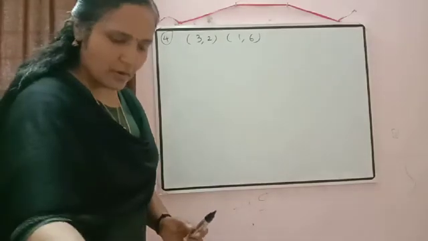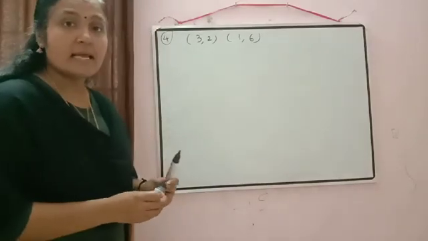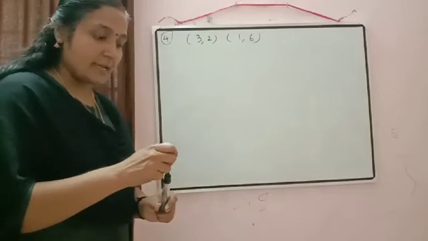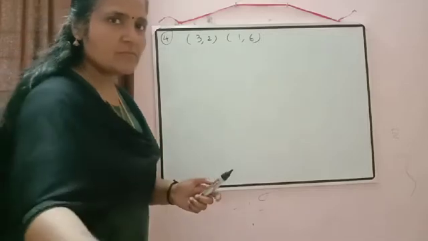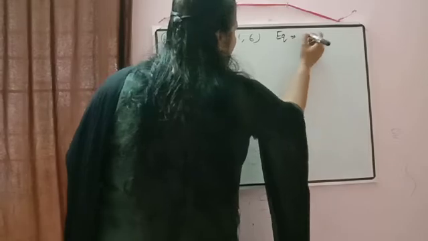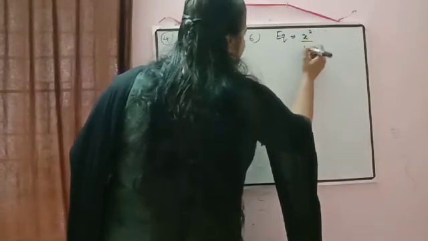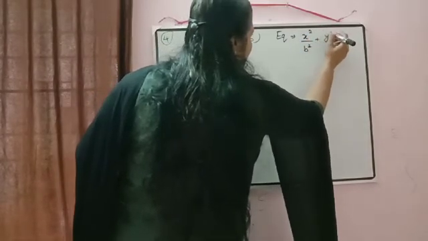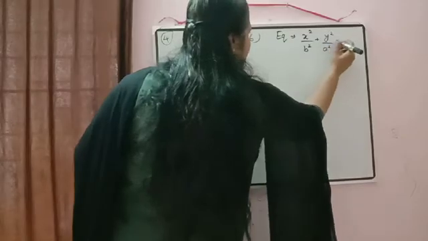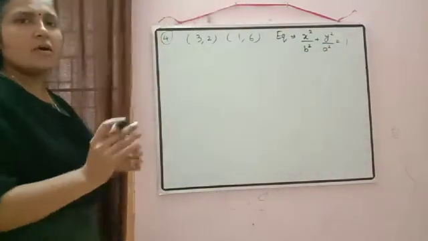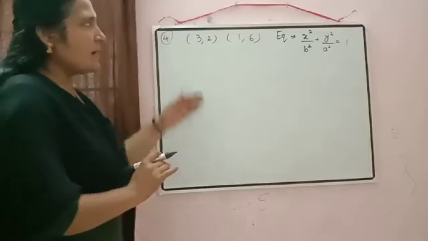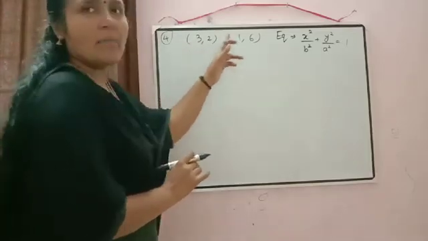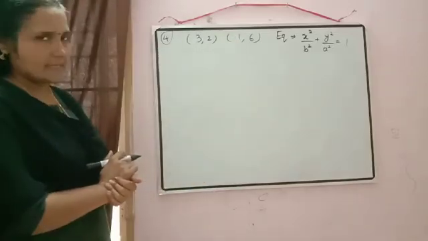Center at 0, 0 and major axis along the y-axis. So in that case we know what will be the equation of ellipse. Yes, the equation will be x square by b square plus y square by a square is equal to 1. Rest all the things are not given. Only the information given: the ellipse passes through the points 3, 2 and 1, 6.